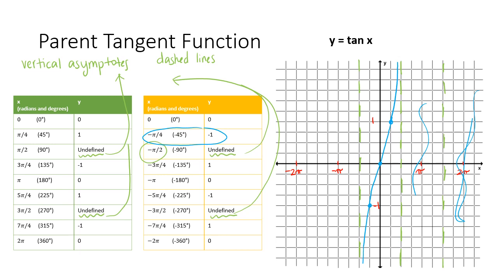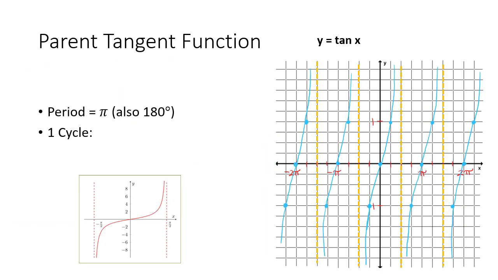So let me skip over to our final plot of tangent. Here is what I graphed earlier. If we were to zoom out, we'd see more and more of these. It just keeps repeating and repeating like all periodic functions. Now, I also have a zoomed in version of tangent.